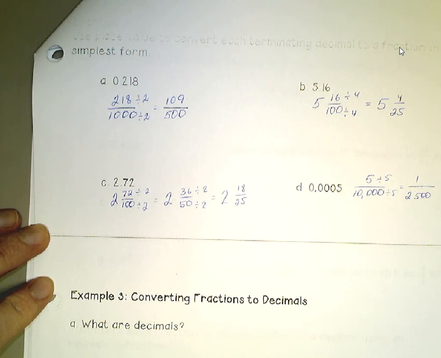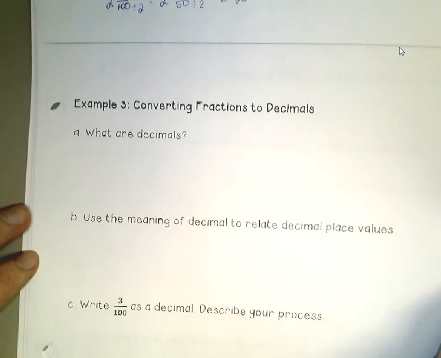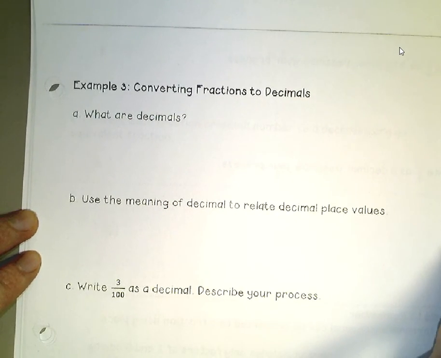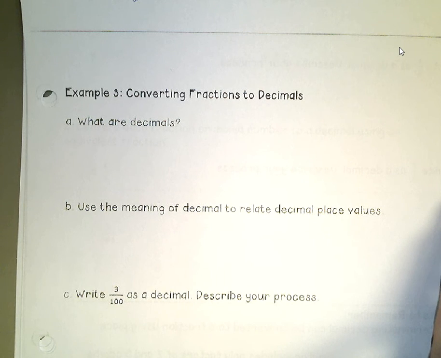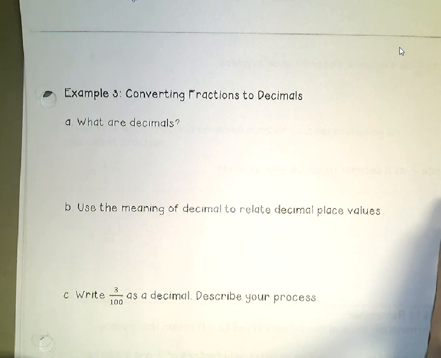That's it. Now we are going to do the opposite. We are going to convert fractions to decimals. So what are decimals? Decimals are whole numbers that have a fractional part that is separated from that whole number by the decimal point. So that's what we are going to write.